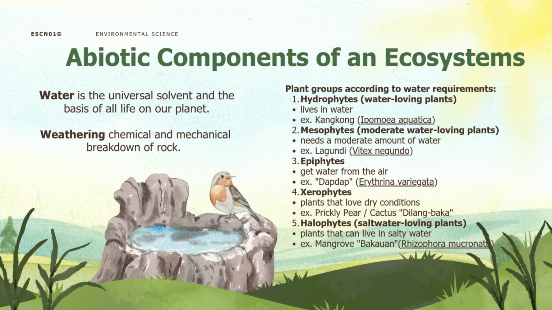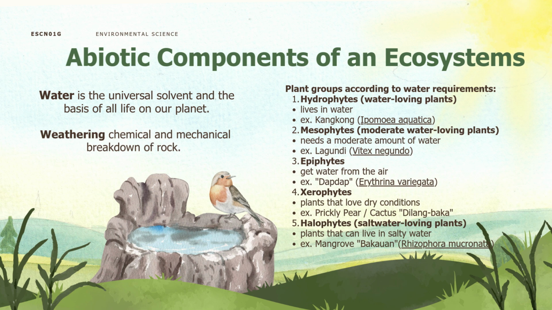Epiphytes are an example of plants that do not require a direct water source. Instead, they get their water from the air or the moisture. The example of this one is dap-dap. That's a Tagalog term. All the Tagalog names in this presentation are within quotation marks.